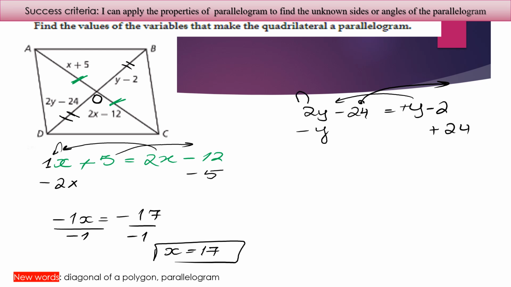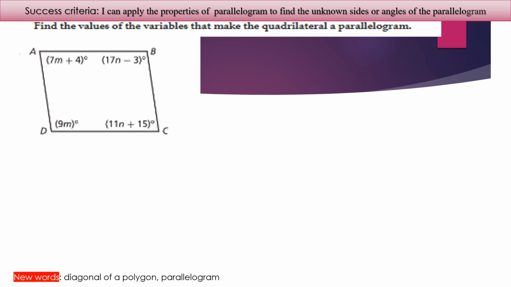Now there is no sign before the 2, it means it's a plus. And there is no number before the y, it means it is 1. So 2y minus y, it gives me 1y, or only write the y, equals to minus 2 plus 24 gives me 22.